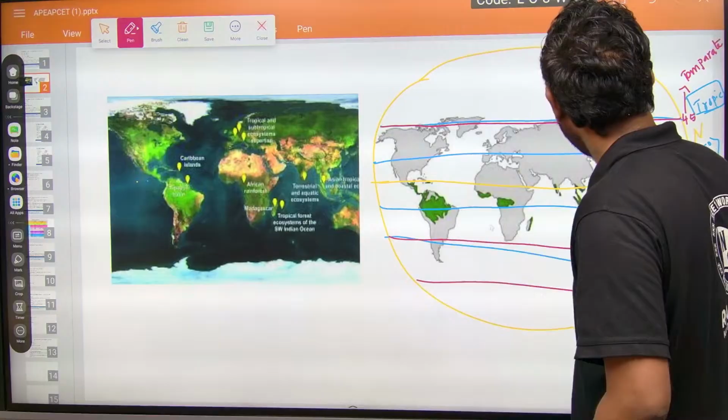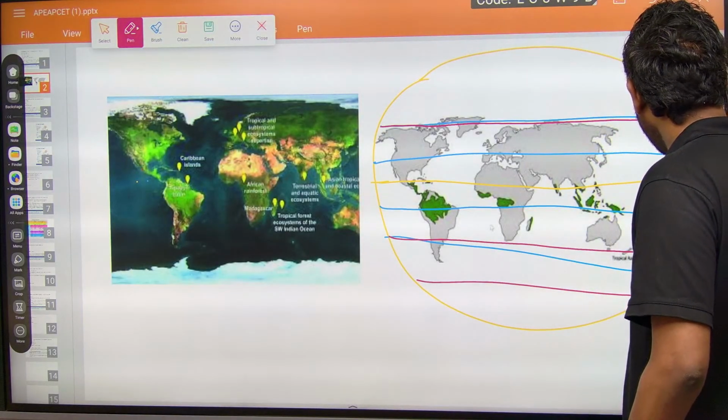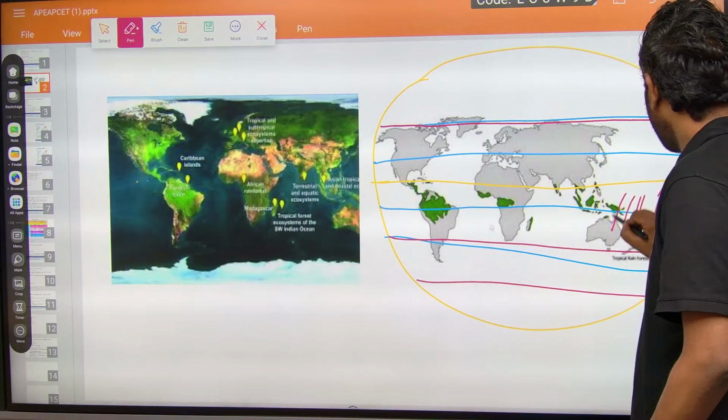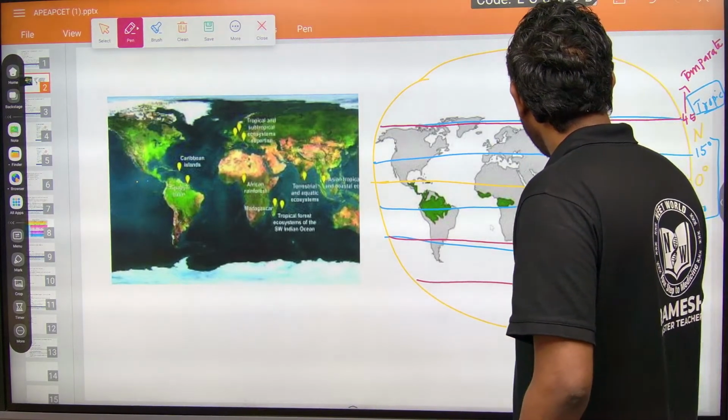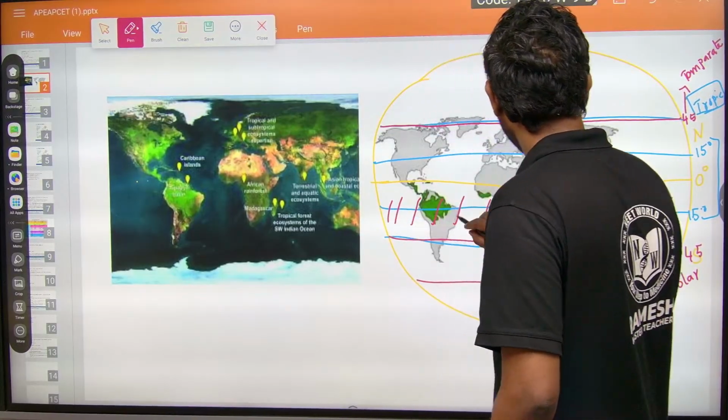The tropical region is located between 15 and 30, between the south pole and north pole. Just look here at the greenish area.